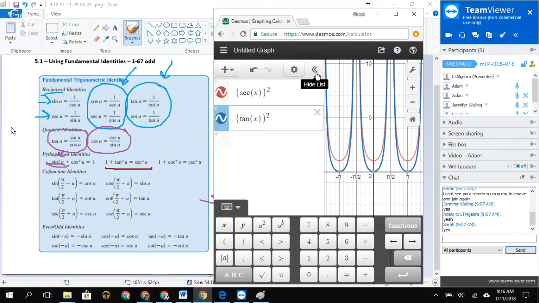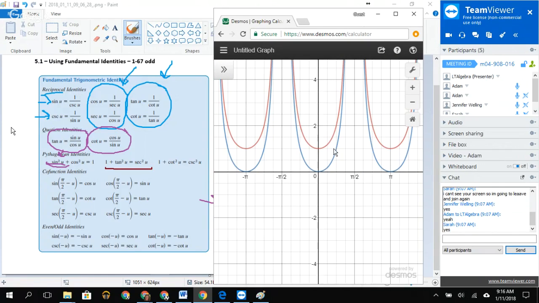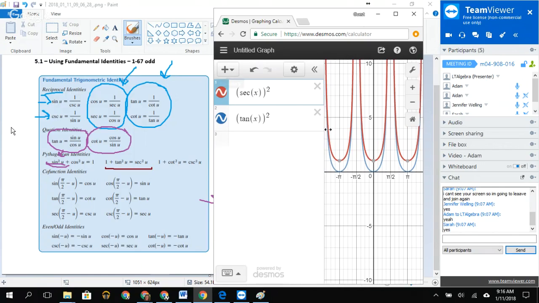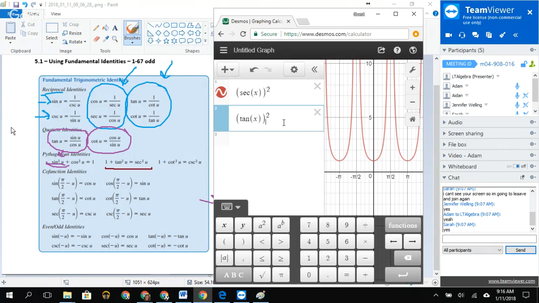So you can see when we graph that, these two curves are similar, except the secant curve is shifted up by 1. So then it makes sense that if we add 1 to the tangent squared, then we'll end up with the secant squared. Then we shift our graph up. Now those are the same.